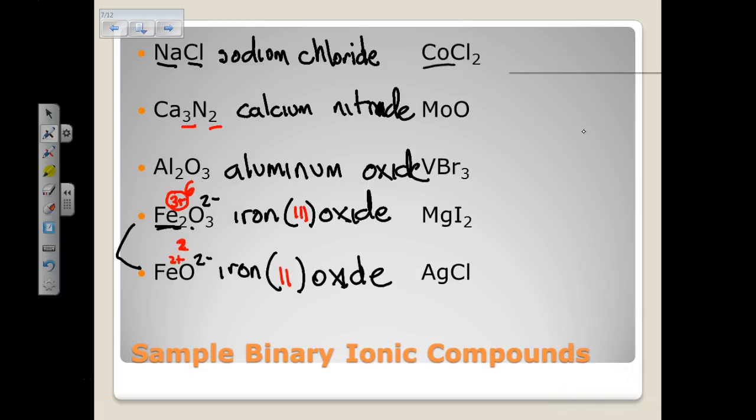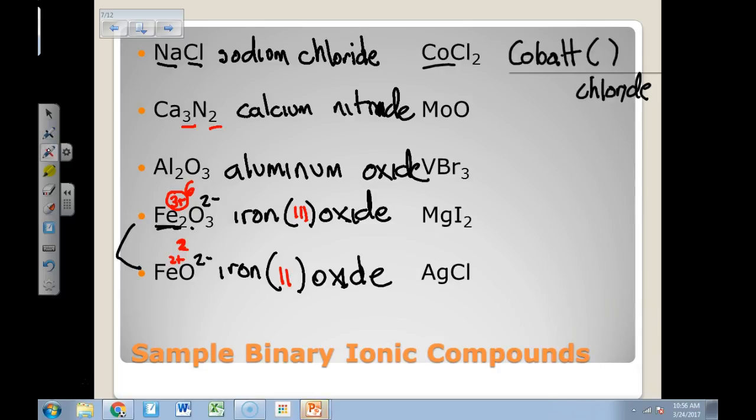Okay, so now this here, we know that it's a transition metal, so we're going to go cobalt. I'm going to put this here, transition metal, and then it's cobalt chloride, because that's the chloride ion. What's the charge on the cobalt? Well, again, same thing.